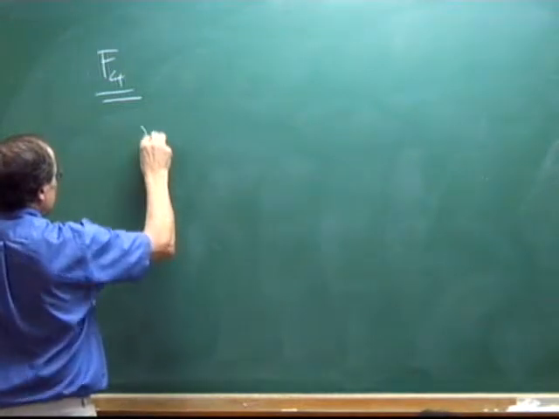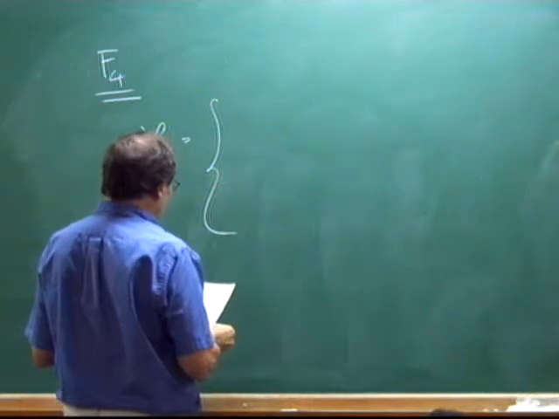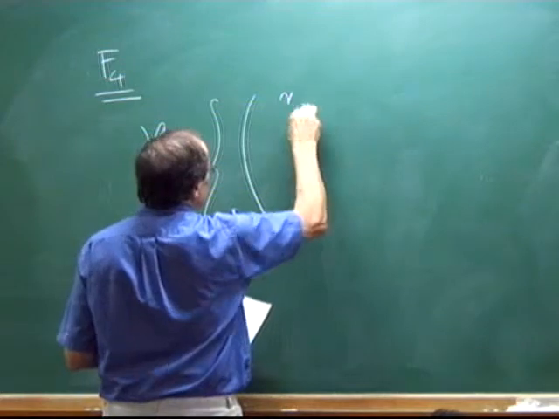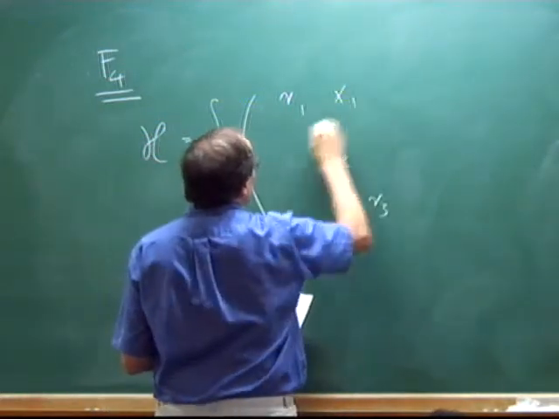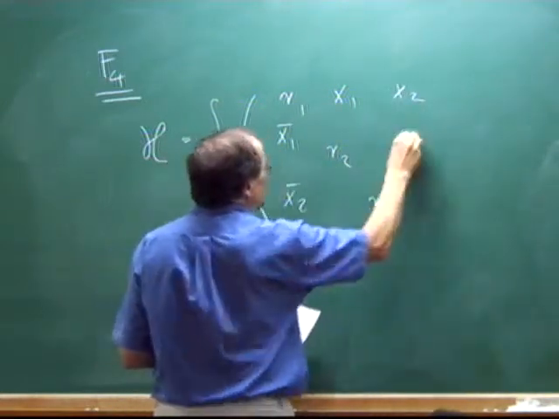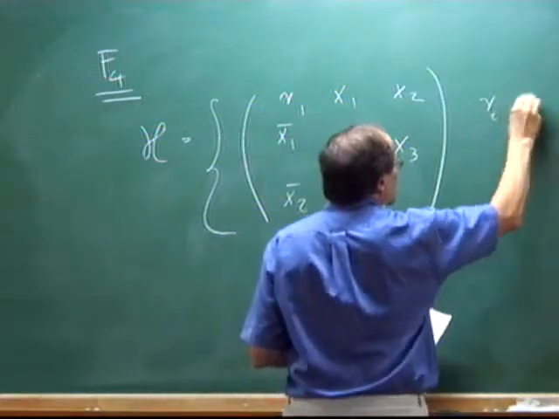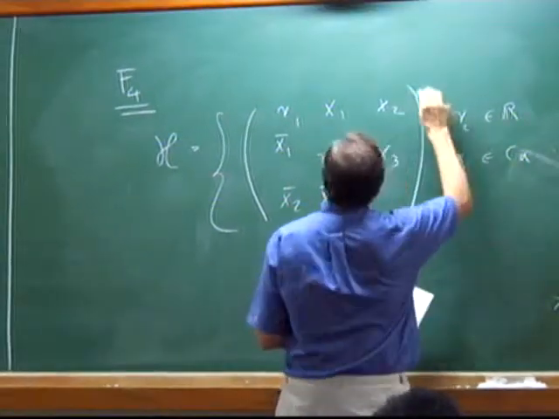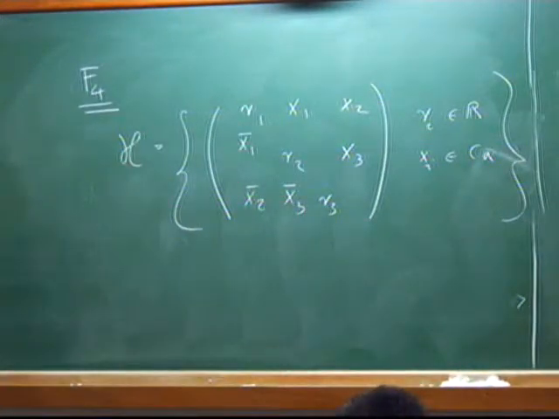So let's look at the following vector space: 3x3 skew-Hermitian matrices with elements in the octonions, the Cayley matrices.